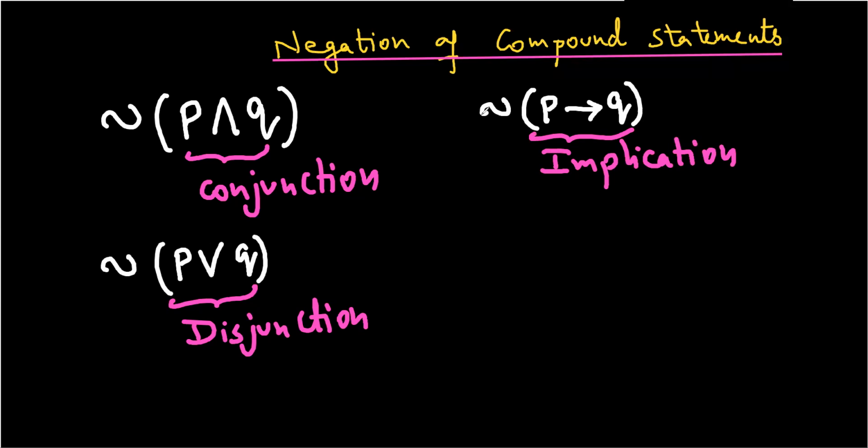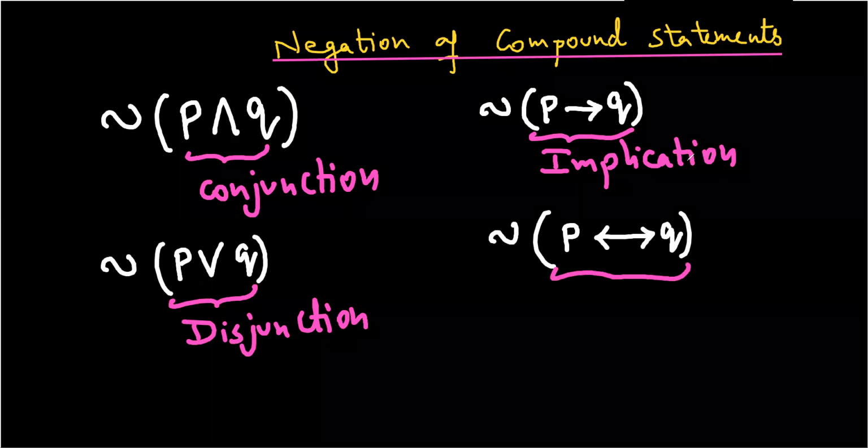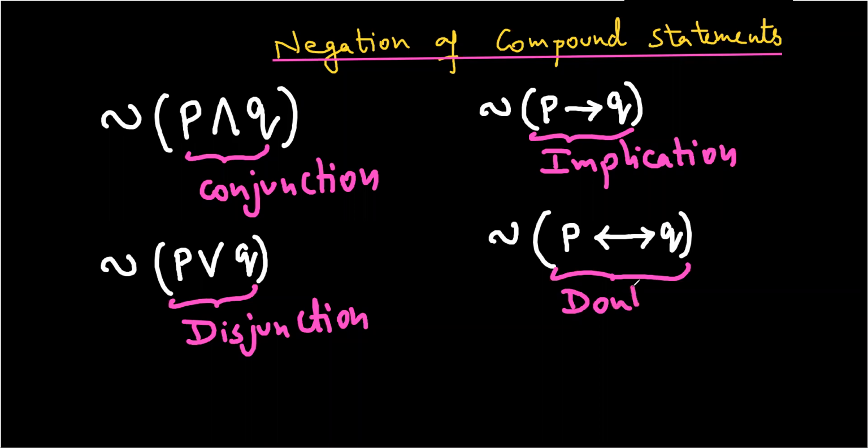We will also learn how to write negation of P double implication Q. This is a conditional statement, and this is double implication or biconditional statement.